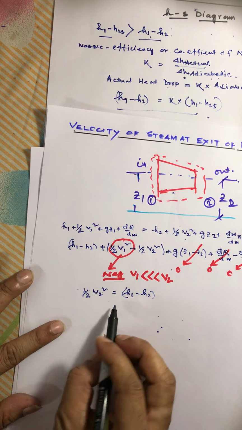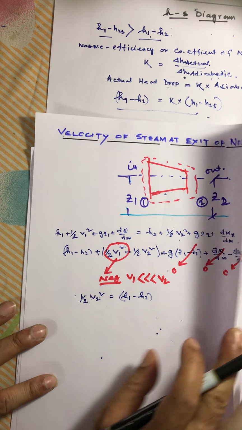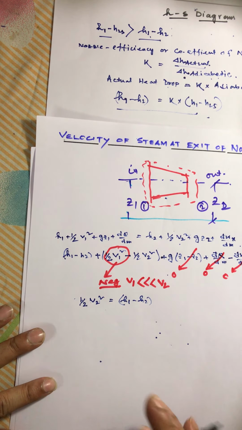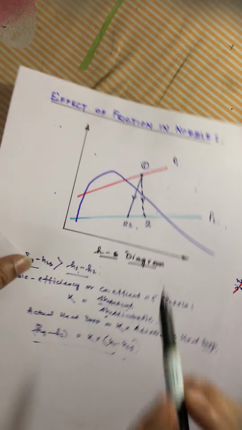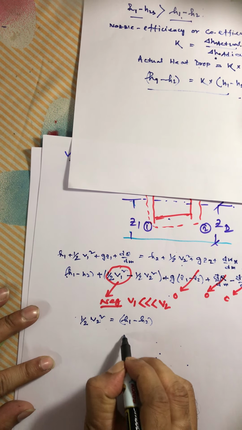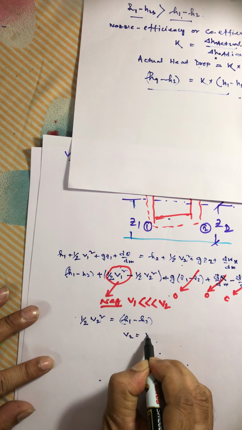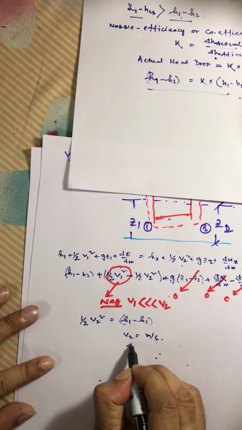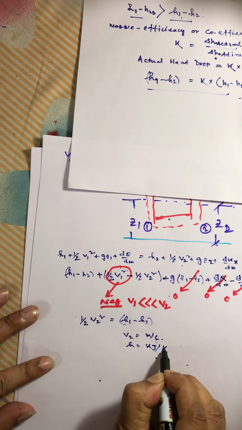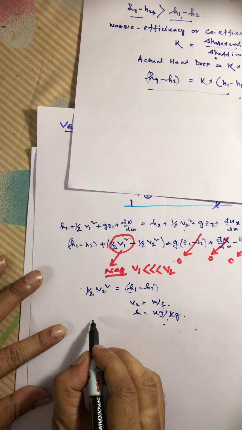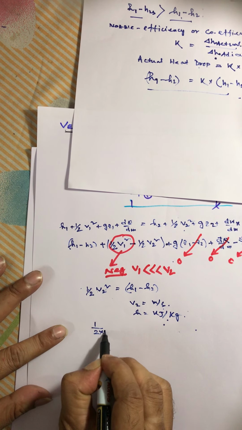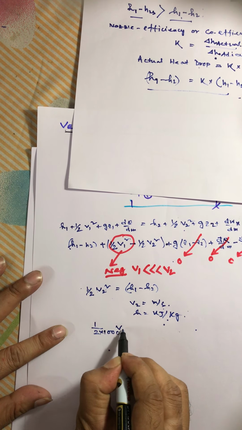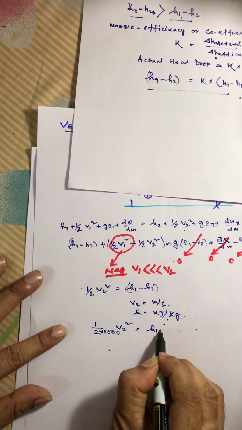Now, mind that we are considering the actual case, that means 1 to 2. Clear. So, if V2 is in meter per second and H in kilojoule per kg, then the equation can be written as 1 by 2 into 1000 into V2 square is equal to H1 minus H2.